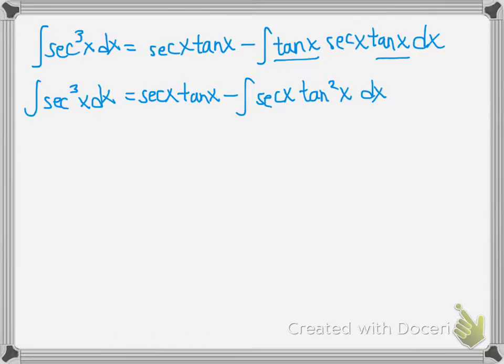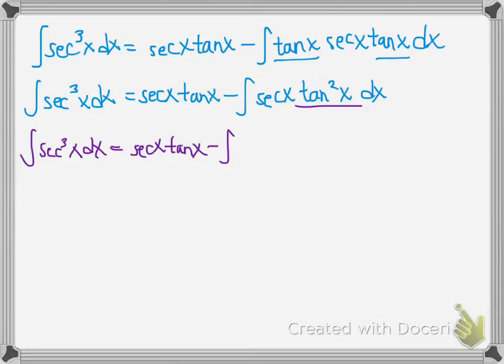Knowing my trig identities, tangent squared x is equal to secant squared x minus 1.